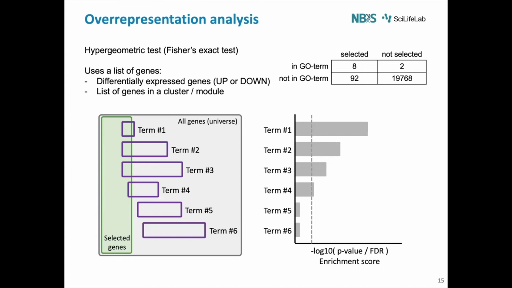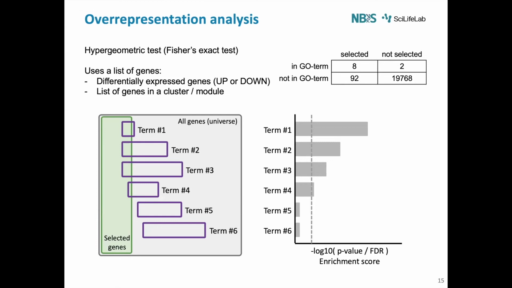So if you want to know which pathways are up, then you select the ones that are up and do one enrichment, and the down you do separately. If you do all of them together, you will see terms that are enriched, but biologically that is not meaningful because part of your terms are coming from up and part from down. So it doesn't make sense that they belong in the same pathway. So that pathway should not be enriched in that sense.